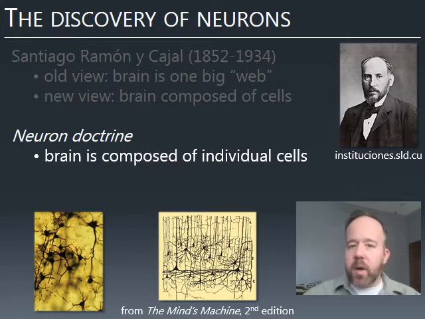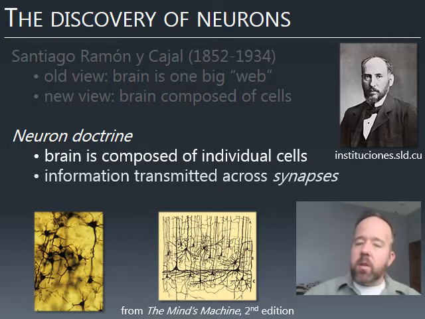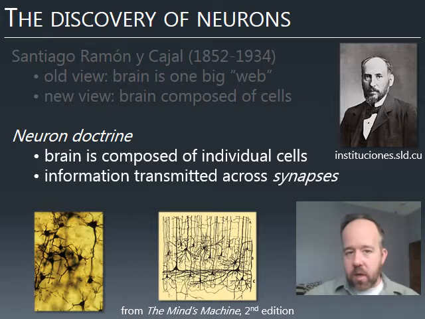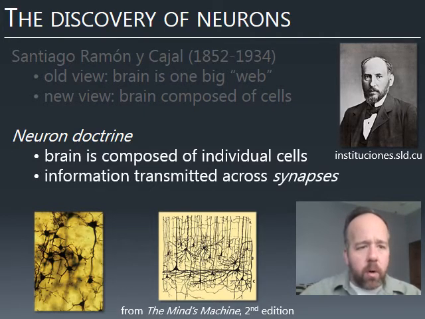There are discrete cells, they have their own cellular processes, they have signals within the cells, and so they're individuals. And a follow-up to that is the brain still has communication within it. Neurons talk to one another, and they transmit information across what are called synapses. And synapse may be a word you've heard before, you already may be familiar with it, but synapses are the connection points between neurons.